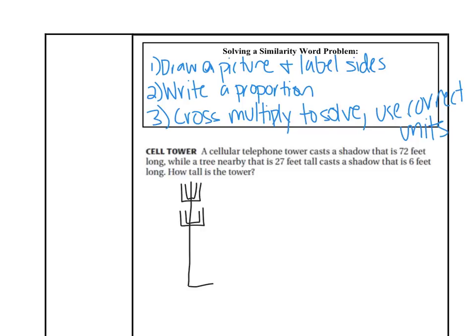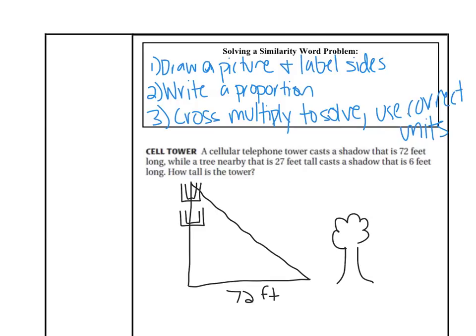And it casts a shadow on the ground, and it tells me that number should be 72 feet long. I know that part. Now I need to make this shape, not just two lines, so I'm going to go ahead and connect and turn it into a triangle. Then it tells me that there's a tree, so I'm going to draw a tree nearby, best of my ability.